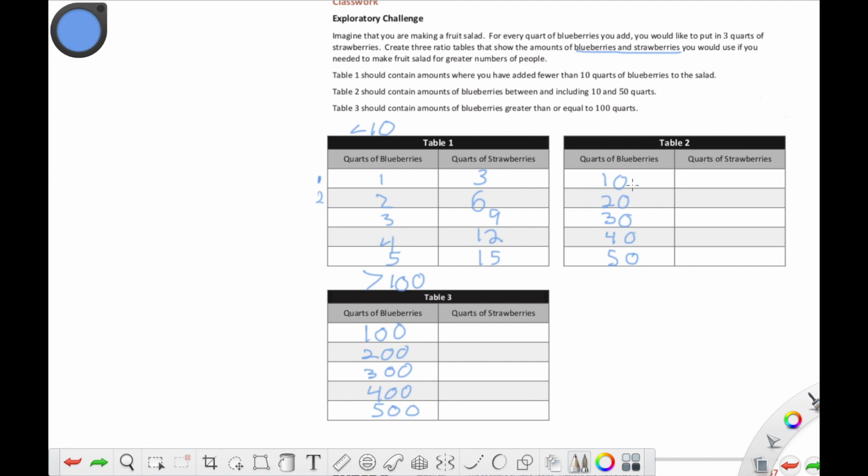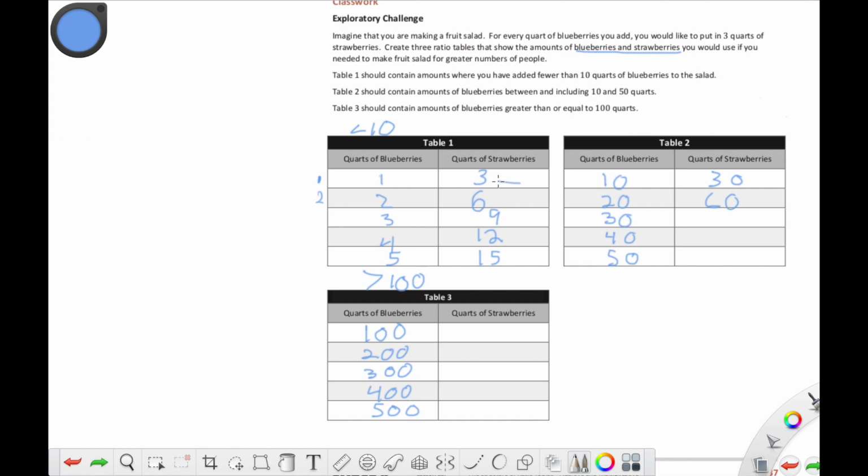So here we can do a similar thing for table 2. If we have 10 blueberries, we know that 10 times 3 is 30. And 20 times 3 is 60. The reason that we are multiplying by 3 is because this tells us how many we have for 1 quart. If we had 10 quarts, we would need 10 of these.